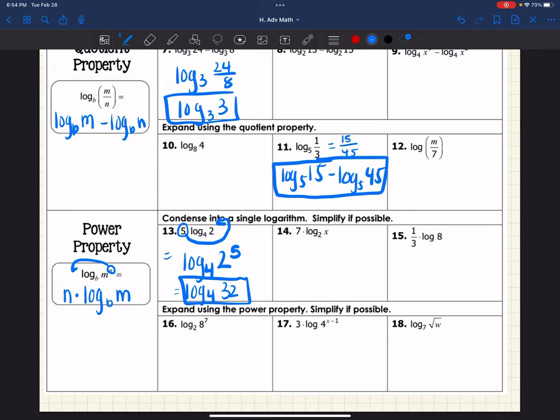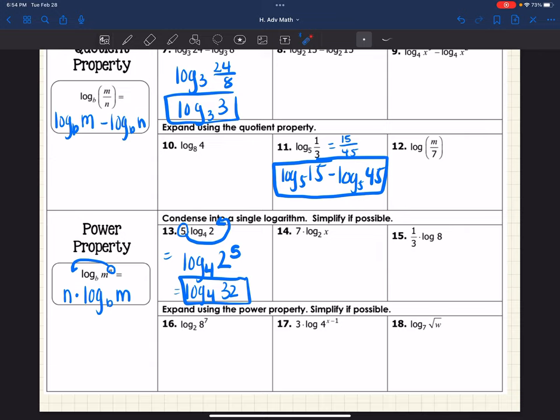Let me try an expanding one now for you guys. So, for example, which one should I do? Ooh, let me do number 17 because I feel like that one might throw people off. So for number 17, you are expanding. You are not condensing. I am not taking the 3 and putting it to the exponent. I am expanding, so I am taking this exponent and dropping it in front.